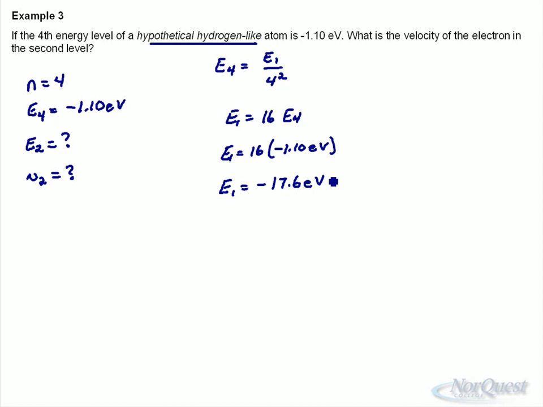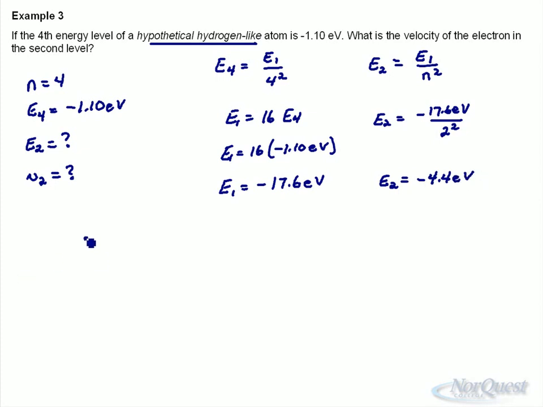Now that I know what E1 is, now I can go and find out E2. E2 will be equal to E1 divided by n squared. E2 equals negative 17.6 electron volts divided by 2 squared. So E2 is going to equal negative 4.4 electron volts.